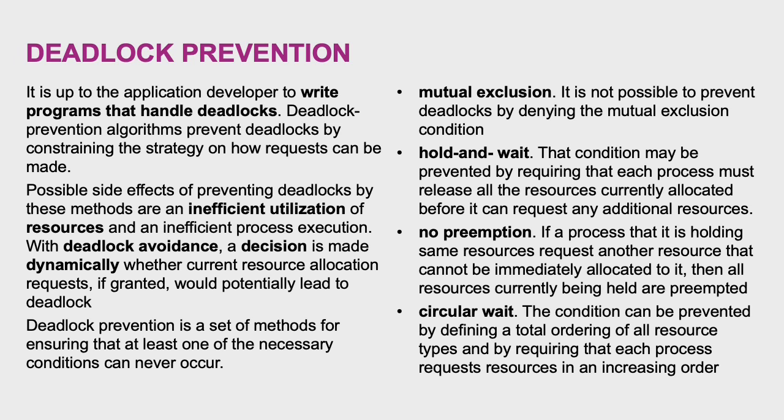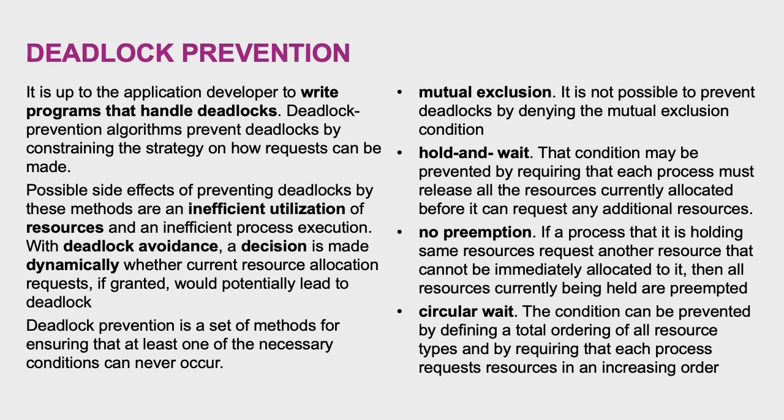kind of simple, as this condition can be prevented by defining a total order of all resources and requiring that each process request resources in an increasing, or if you prefer, decreasing order. So basically, if you have to access resources 1, 2, 3, 4, 5, you have to access these resources in this order.